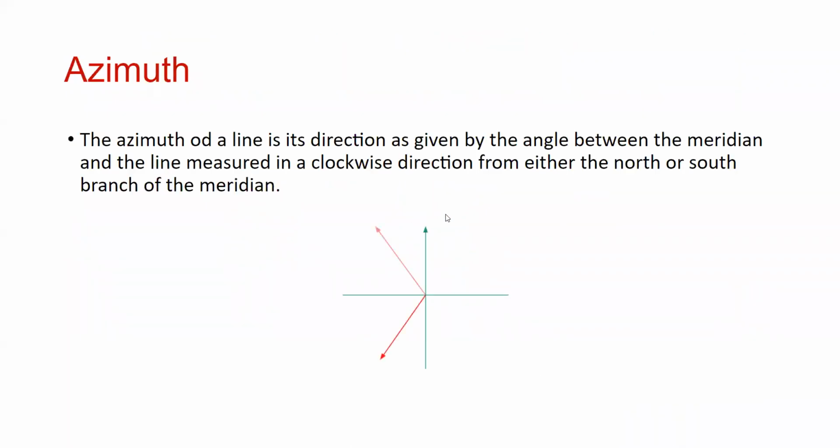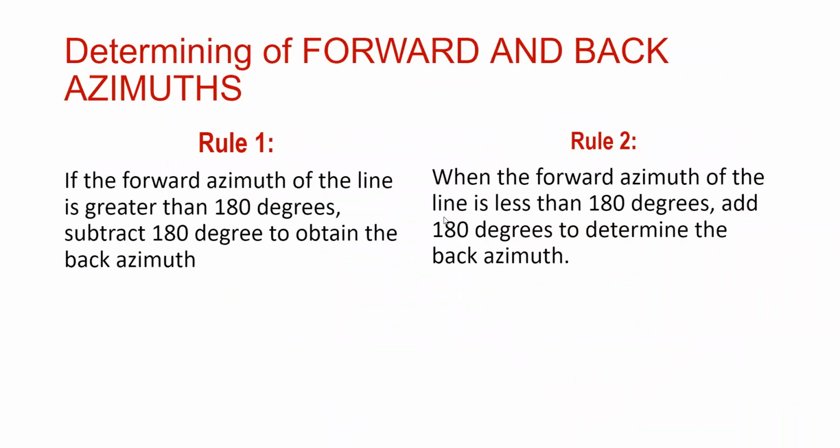Pagdating natin sa azimuth, iba yung pag-determine ng forward and backward azimuth. Meron tayong dalawang rules. If yung forward azimuth of the line is greater than 180 degree, subtract 180 degree to obtain the back azimuth.